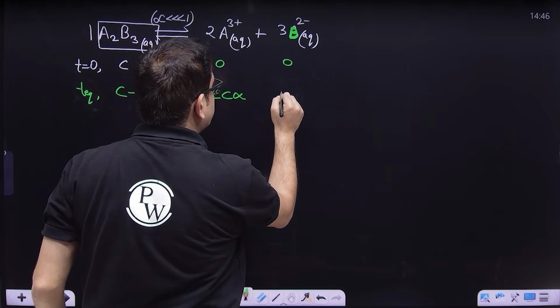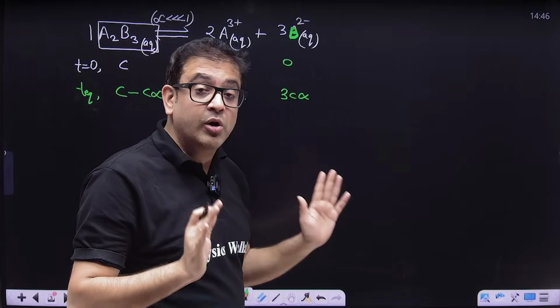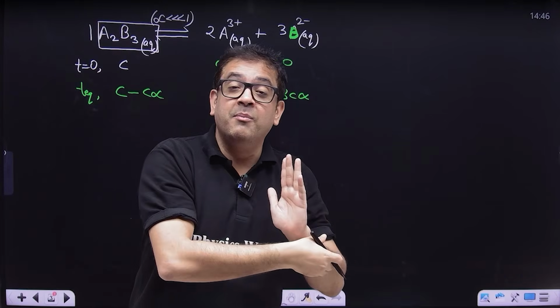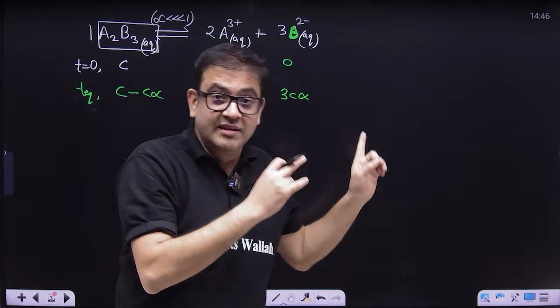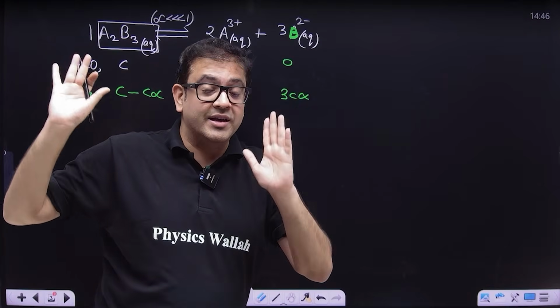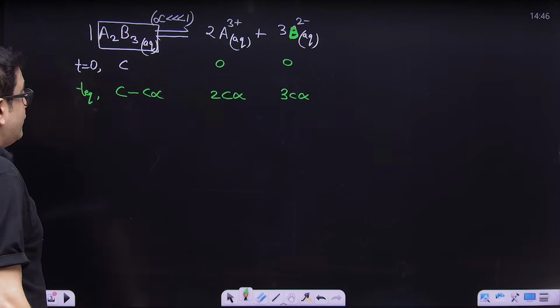C alpha dissociated, 3 C alpha produced. I am telling you again and again because students find that the number of errors they make is in this step only. That's why I am iterating again and again, although we have done it in the mole concept as well. So now, what you have to find, sir, is the relationship.